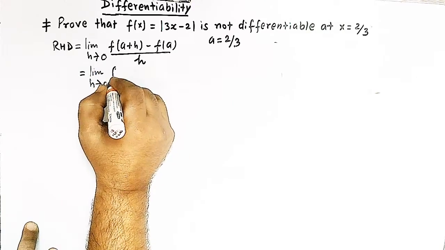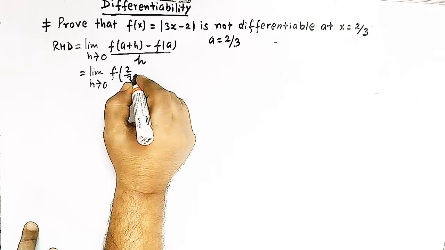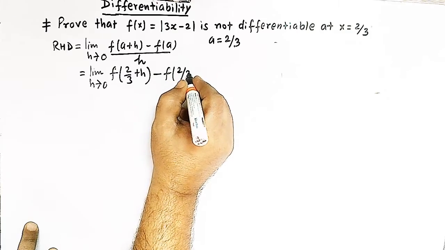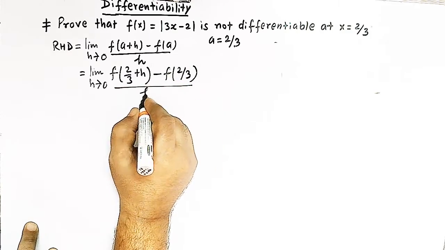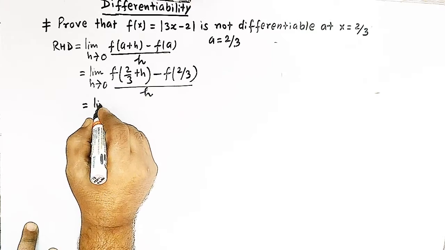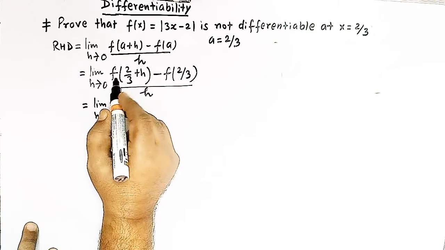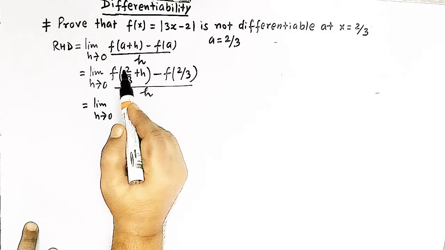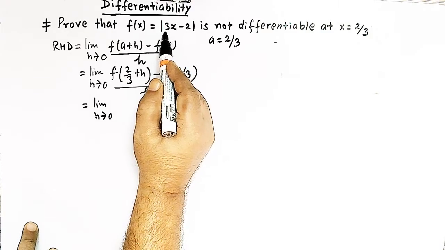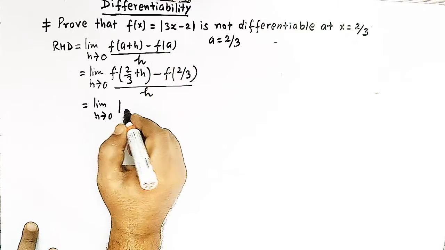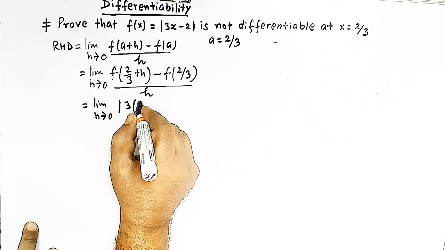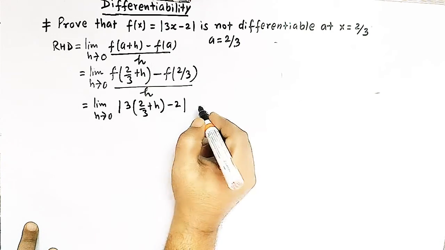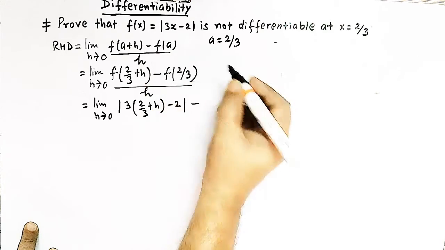And here now taking a is equal to 2 over 3, the right hand derivative is given by this limit f of 2 over 3 plus h minus f of 2 over 3, divided by h, right? So now we can find out the value of f of 2 over 3 plus h by replacing x by 2 over 3 plus h in this function. So we have mod of 3 times 2 over 3 plus h minus 2, and here f of 2 over 3.